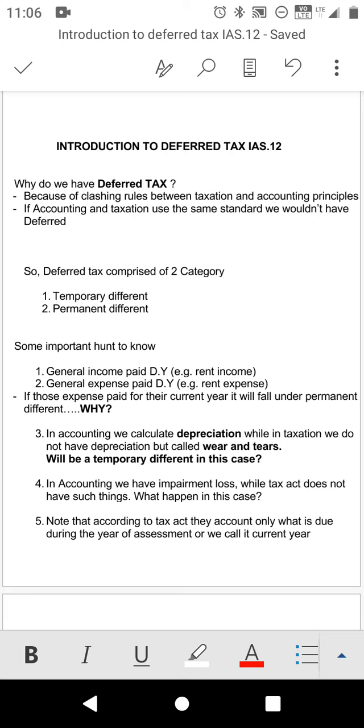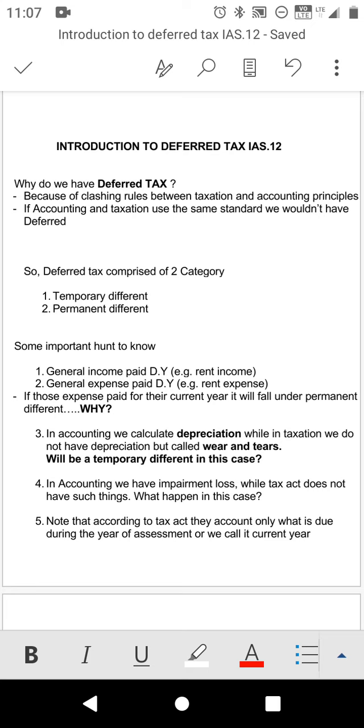All right, so some important hints that you have to know. Number one is a general income received during the year, for example, rent income. What I'm trying to say in this part is that if a company received rent income for 12 months, when we record it on our income statement under accounting, we are going to record the whole of that amount.